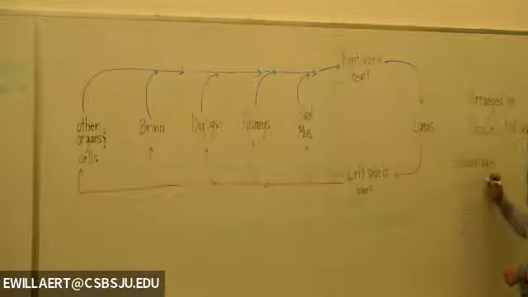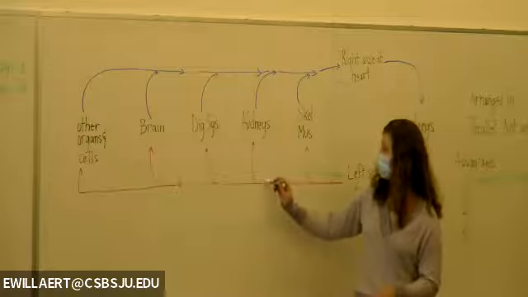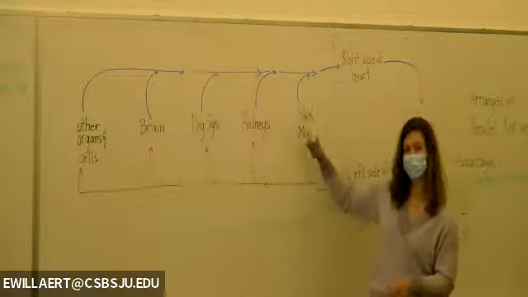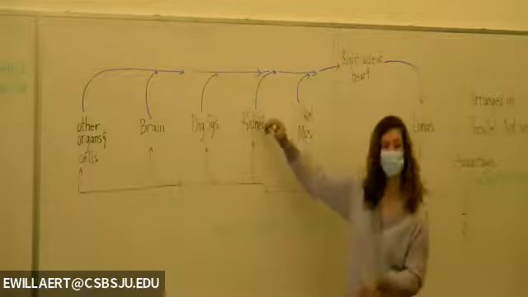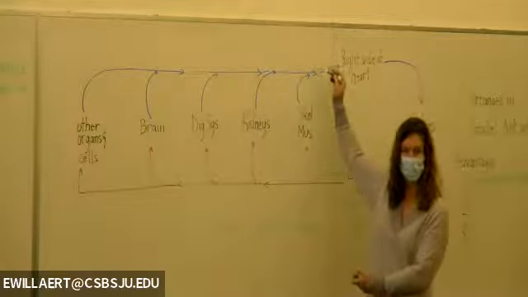So this ensures all cells get what they need. Because this concentration of blood is going here, each muscle is taking what it needs and then sending the rest of it back. More blood is carrying on here that didn't go to the skeletal muscles. The kidneys take what they need, pass the rest on.